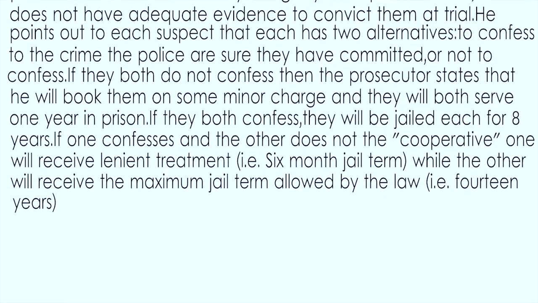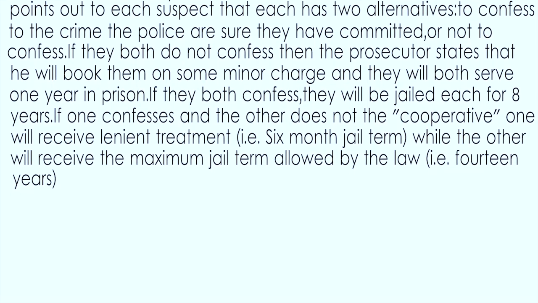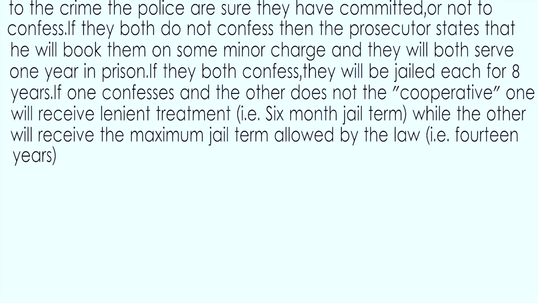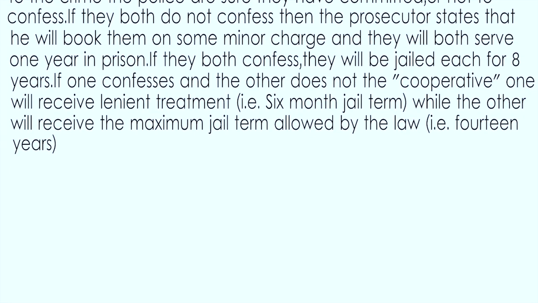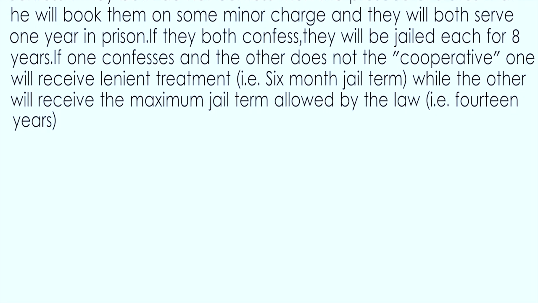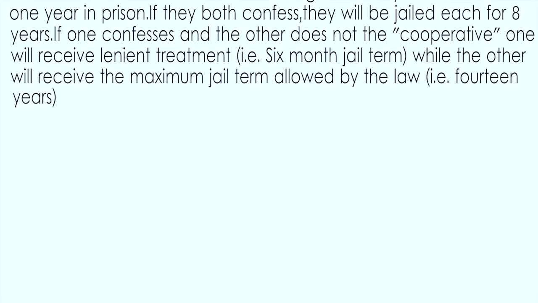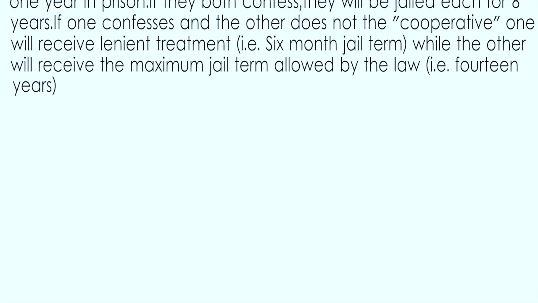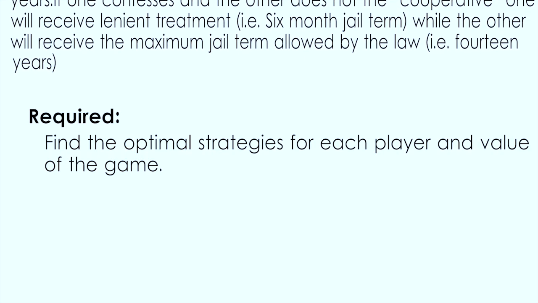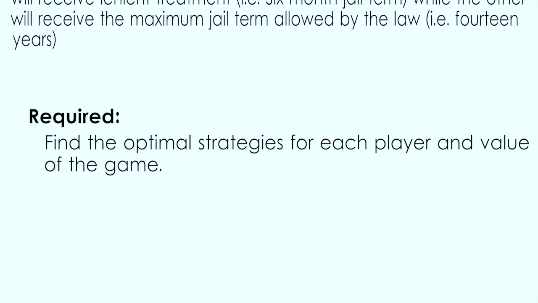If one of you confesses and the other does not confess, the cooperative one will receive a lenient treatment of half a year or 6 months jail term, while the other receives the maximum jail term allowed by the law of 14 years. Now, required: find the optimal strategies for each player and the value of the game. End of question.